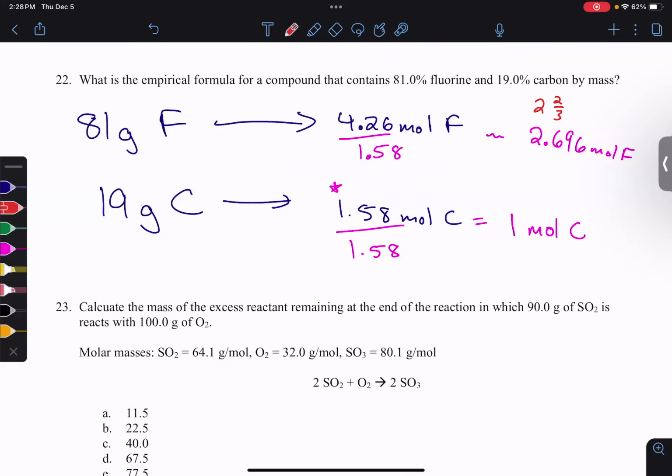So to get rid of that fraction, we're not gonna round. What are we gonna do? Multiply everything by 3. 2.69 times 3 is very, very close to 8. It's like 8.03. So this is F8C3, or C3F8, whatever.